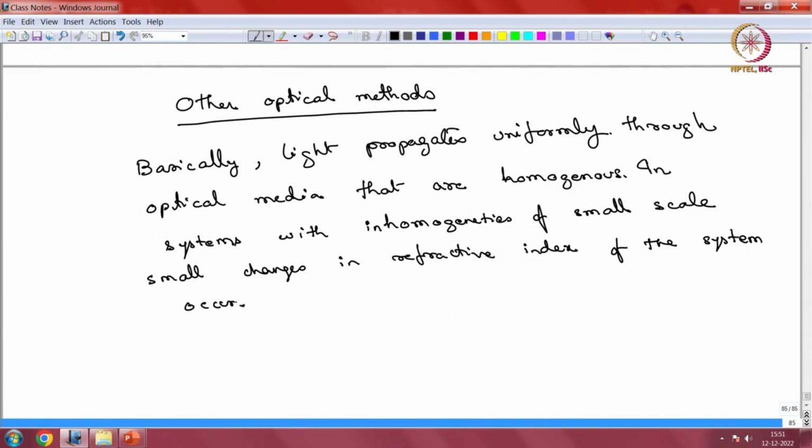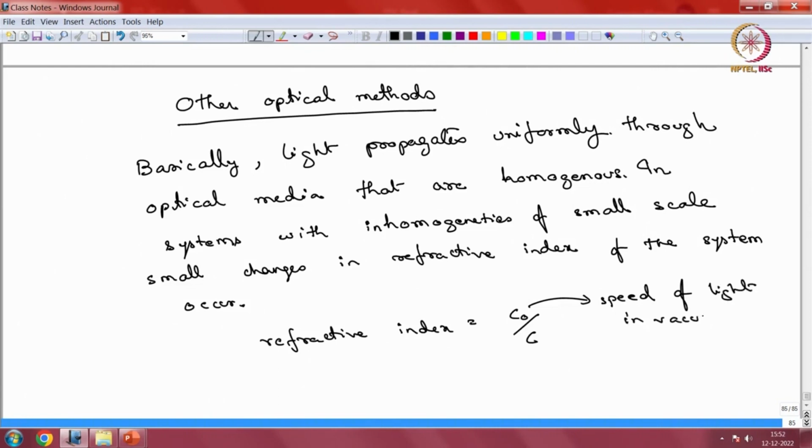Right. Now, if you recall, our refractive index is defined as c naught by c, where c naught is the celebrated universal speed limit of light in vacuum, so this is the speed of light in vacuum, and c is the speed of light in the medium.